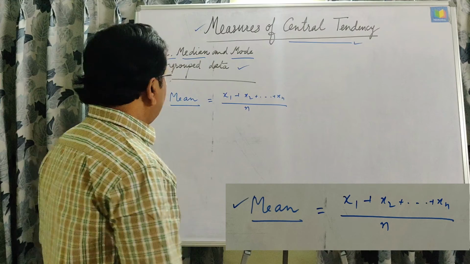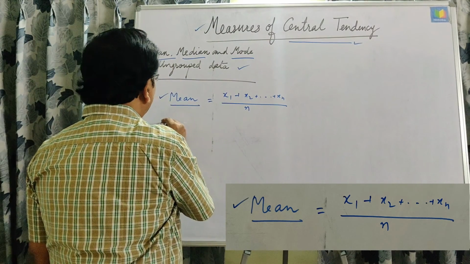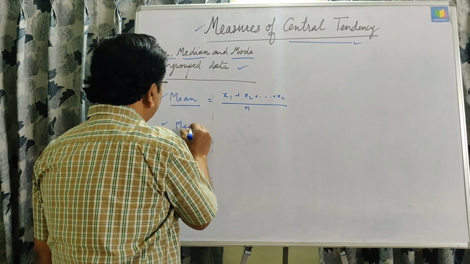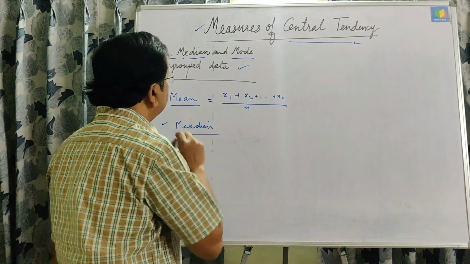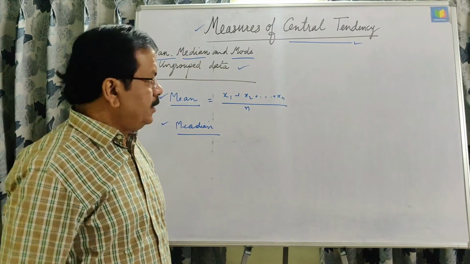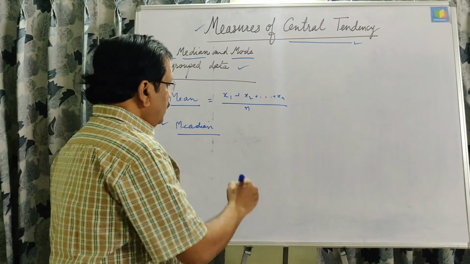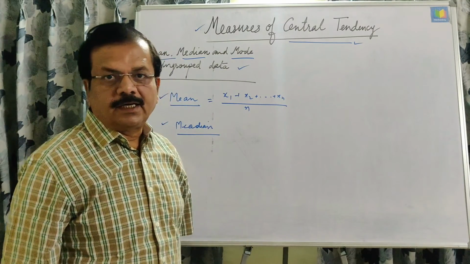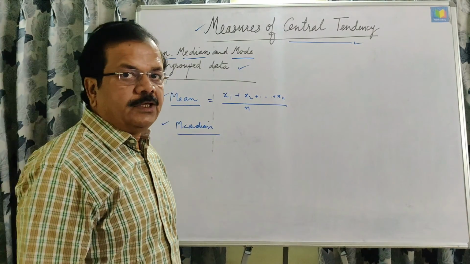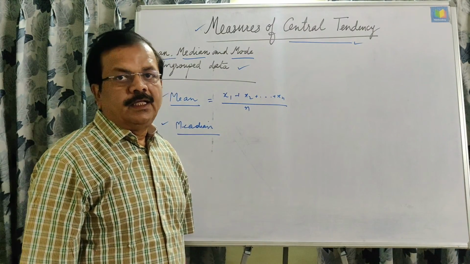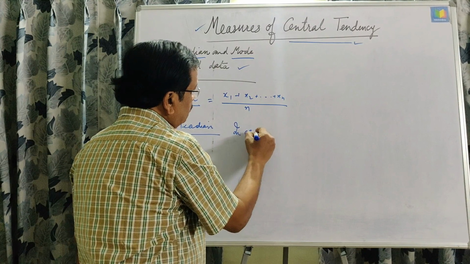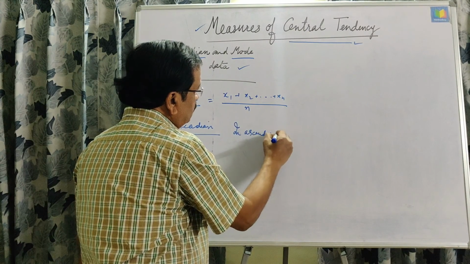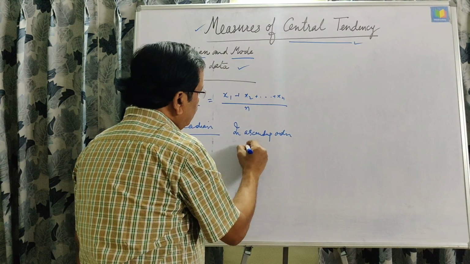And second thing, median. In case of median of ungrouped data, if you are given certain data, the first step should be to write the given data in ascending order or descending order.